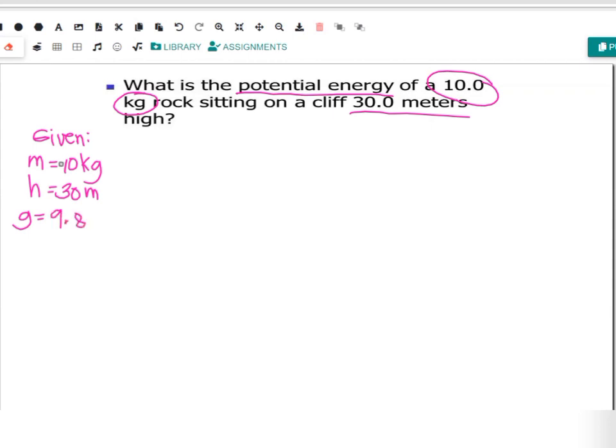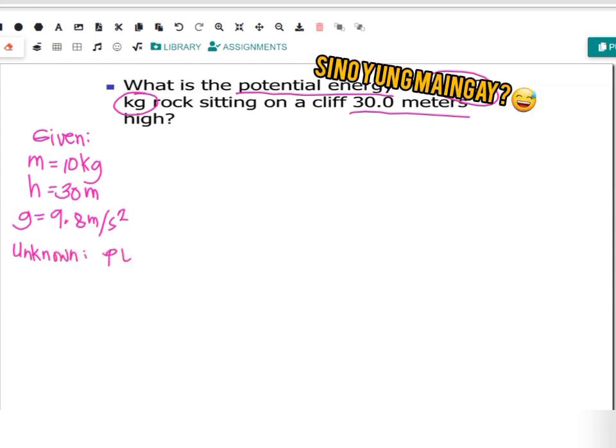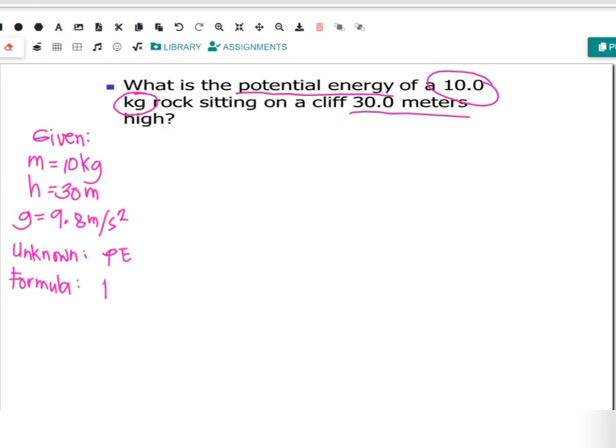And that is 9.8 meters per second squared. All right? So what are you asked for? So ang ating unknown, yung hinahanap natin dito is the potential energy. And then next, what is the formula that you will be using? The formula is PE equals mgh.